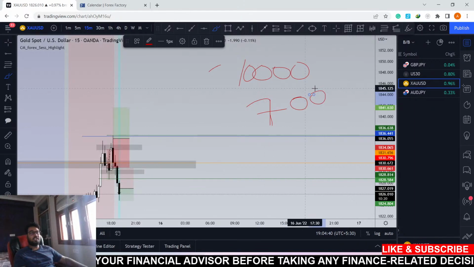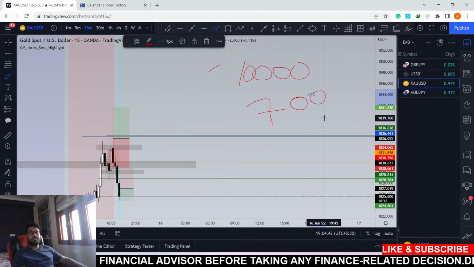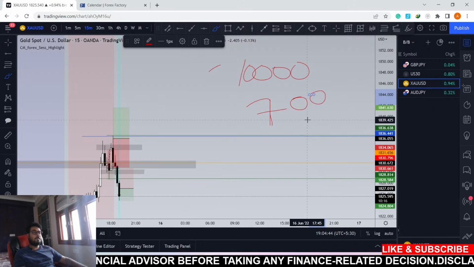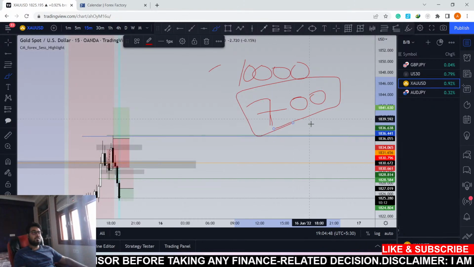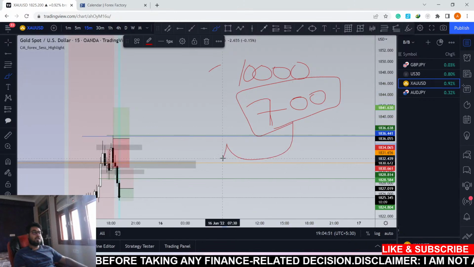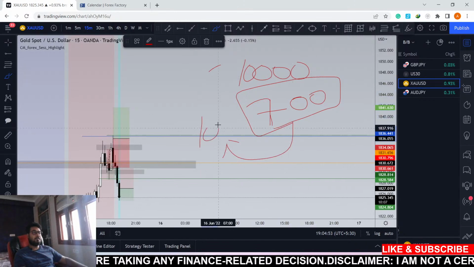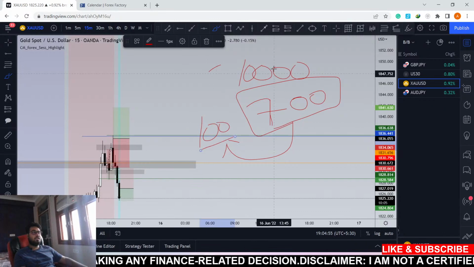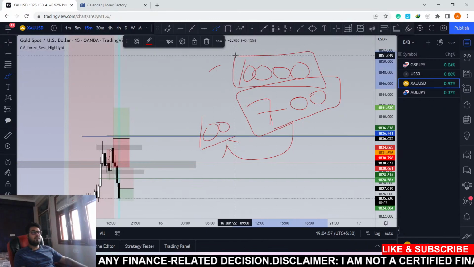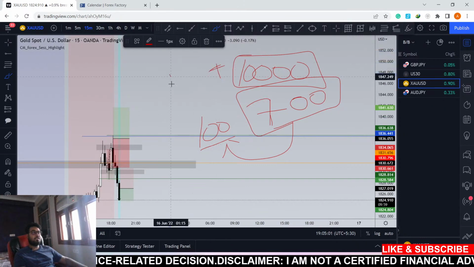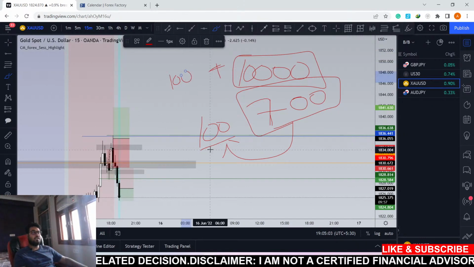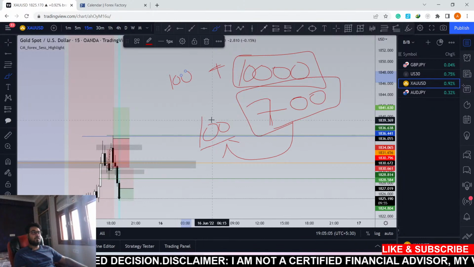The trade is still running, and the day is over, and now the next day your trade is still running. Now from 700 it comes down and closes at around 100. So the overall balance will be 10,000 plus 100, because you closed your trade the next day at around 100.